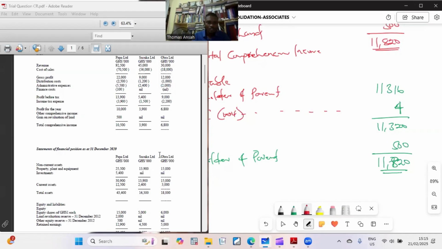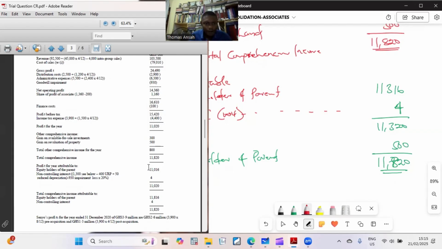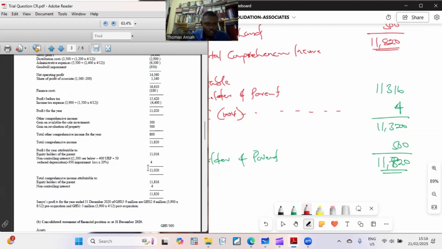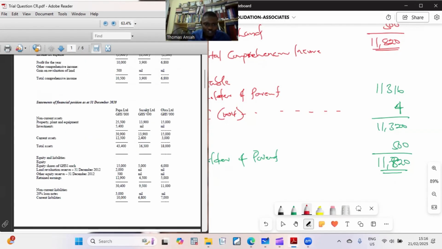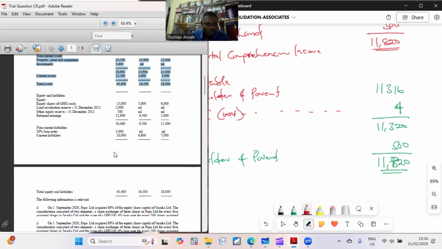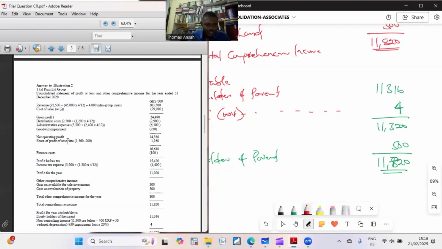All right. So let's check the answer your lecturer gave. I think there's a slight difference. They copied wrongly because I see something here. Senior's profit. The question had no senior in it. There is no senior in the question. And that tells you that a lot of things are wrong in here.